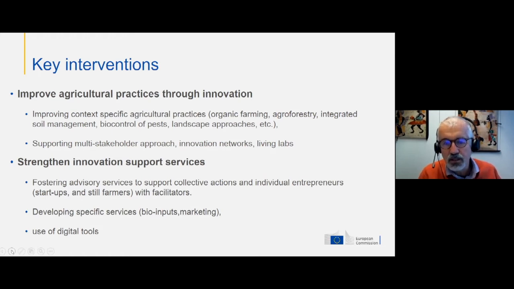Another area is to strengthen the innovation support service, trying to be more supportive of the local communities and farmers. It means reinforcing the advice, the services, and work in favor of collective actions. If you develop organic farming, you need to develop the capacities of the farmers, but also create value chains.